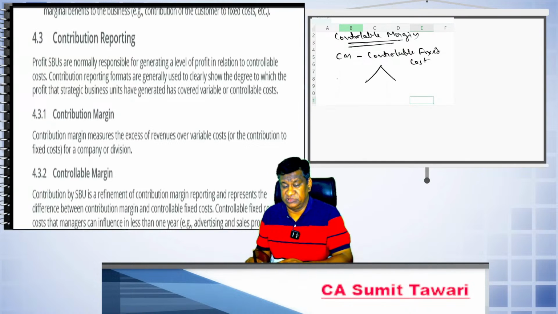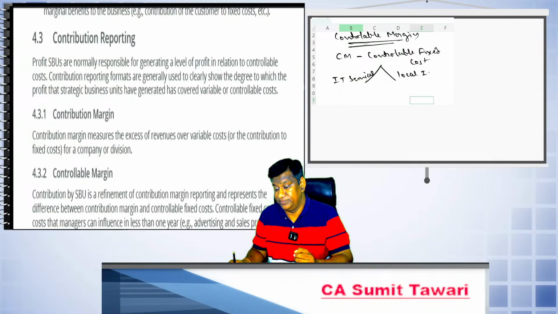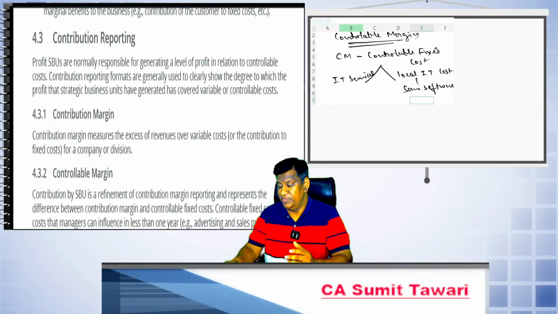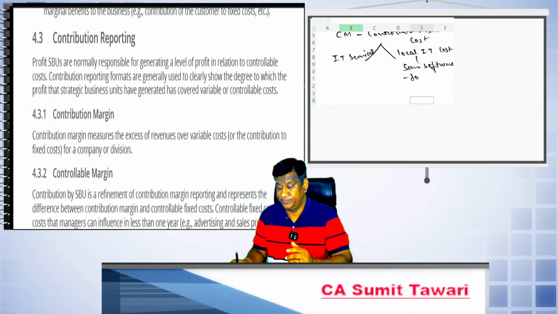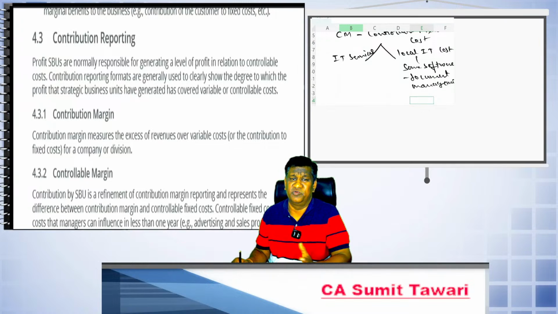If you are a subsidiary of a German company, and they give an invoice or charge you for IT services, and here the cost is like local IT cost, which includes some software, maybe for document management, which you can either pay the renewal fees for or try to manage manually.